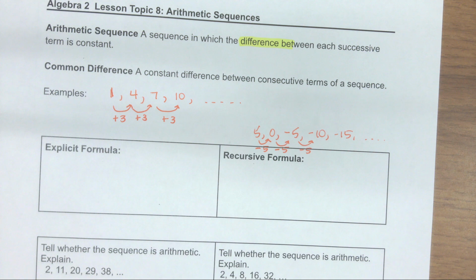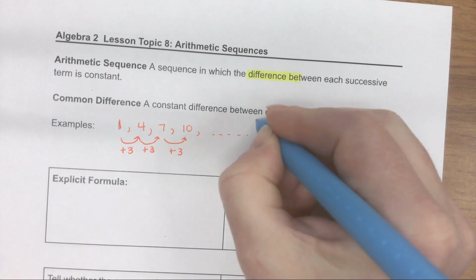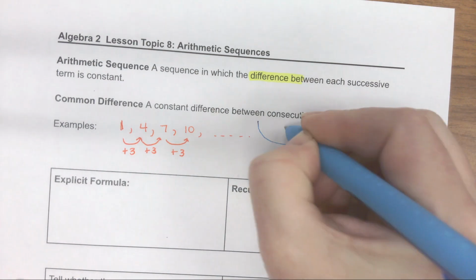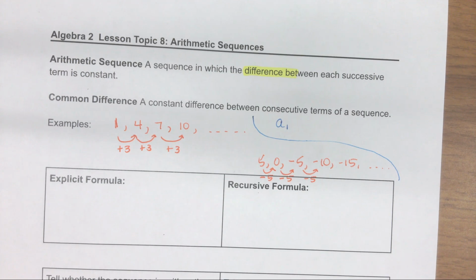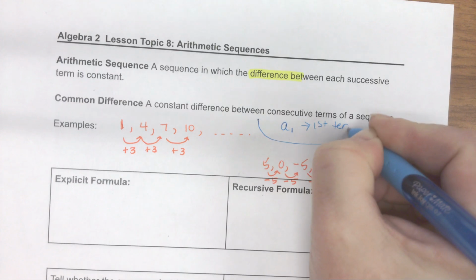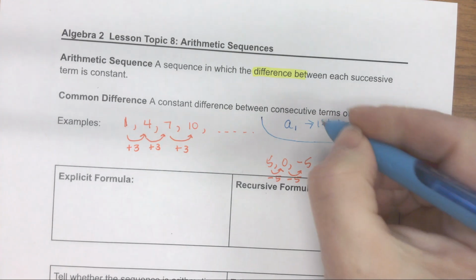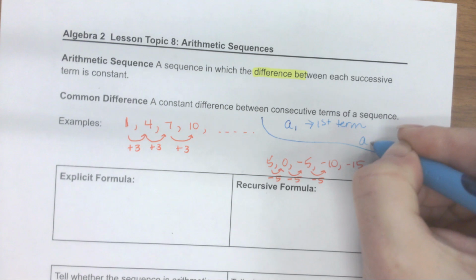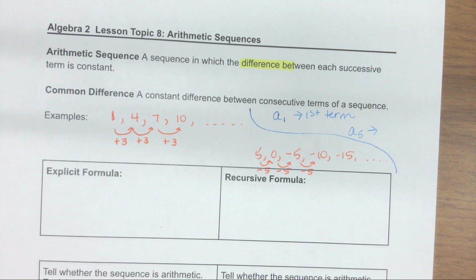So today, when you see some of these, I'll write this on the side. If you see A and a subscript 1, that just is a shorthand way of saying the first term. If I was talking about A subscript 5, I would be talking about which term? The 5th term.